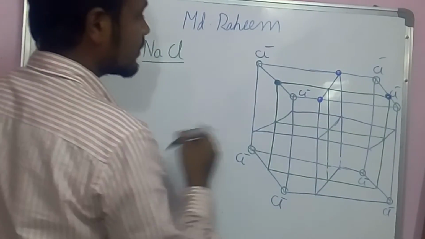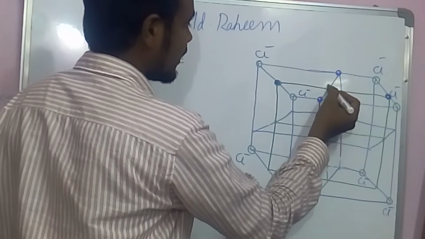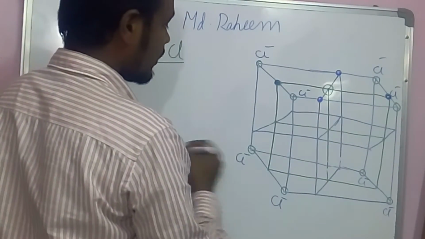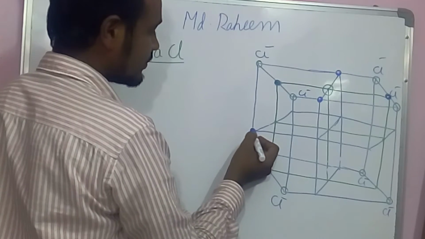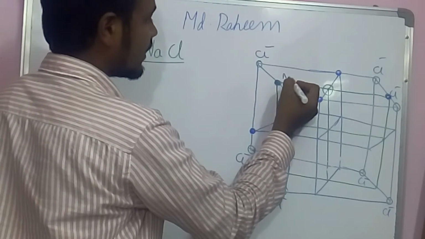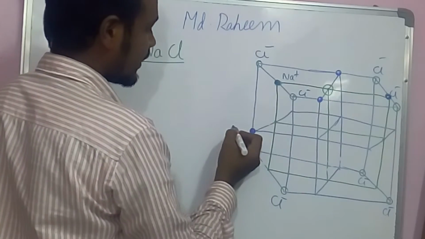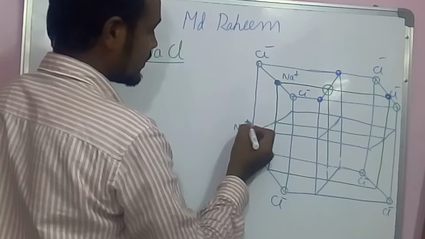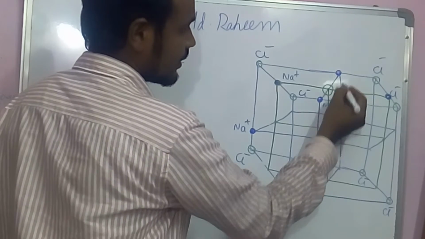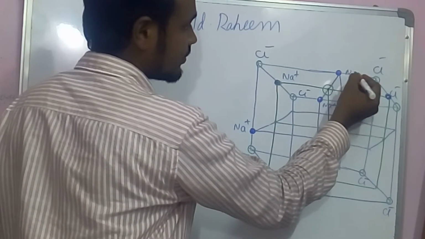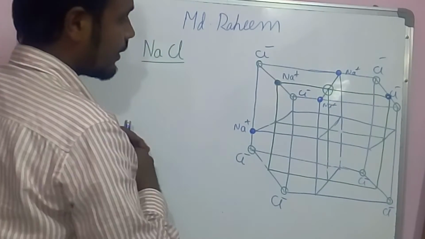Here between these two corners we have placed one filled atom. The filled atom indicates Na plus. Okay, Na plus, right? Now here Na plus, this is a filled atom, Na plus, right?